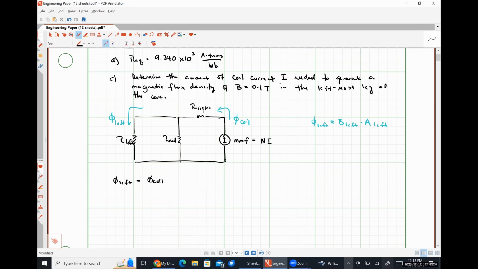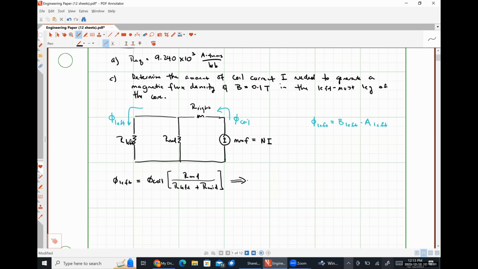Because the coil current's the thing that's splitting up. So we're effectively finding how much of the coil current splits to give us the left current. And then we're going to work backwards to figure out the things. Times the reluctance of the middle branch, which is the branch we don't want the flux through, divided by R left plus R mid.